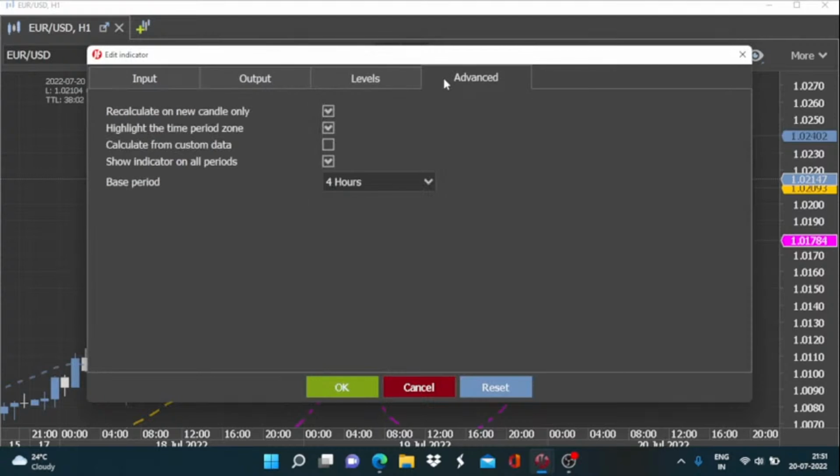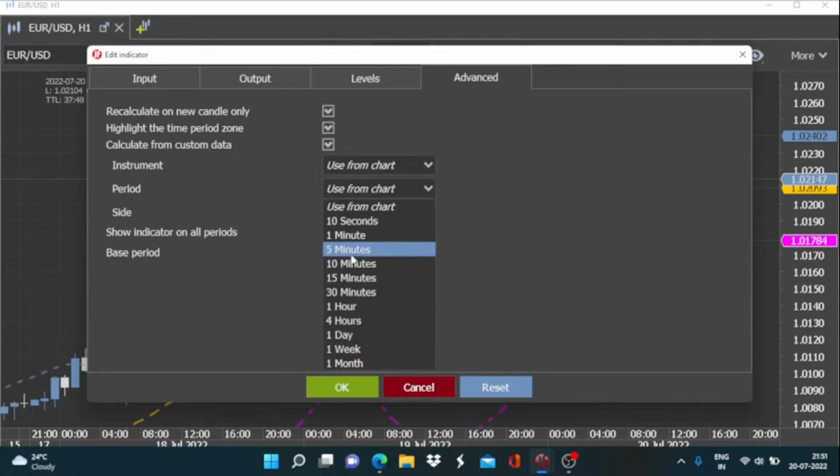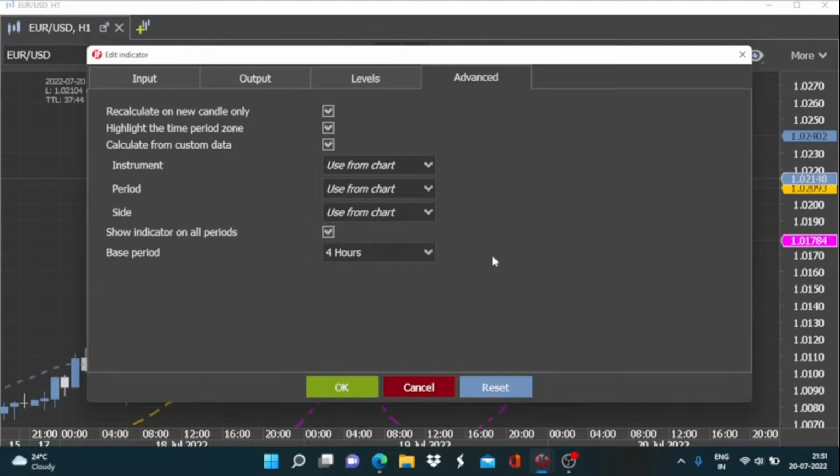Now coming to this advanced calculation from custom data option. If you want the calculation to be customized for your instrument, candle period or side, you can have these options given to you and you can keep it fixed. All these options from 10 seconds to 1 month are there for the candle period, and for spread side you can go for the ask or bid.